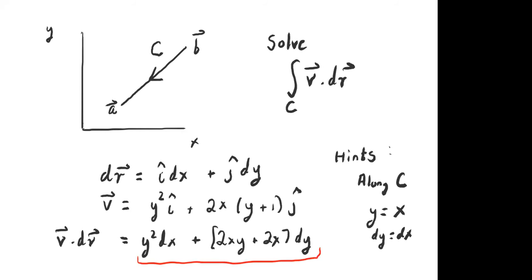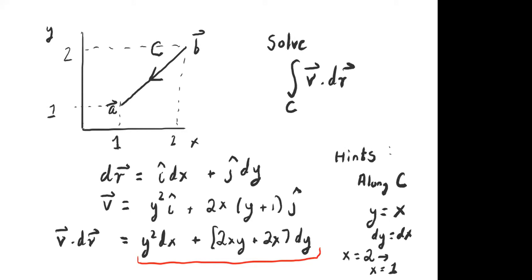Now, the final hint, I'll leave everything to you. So again, this is x equals 1. This is x equals 2. This point is y equals 1. And this point is y equals 2. Let's say you do the integral over x. Then x is going to start at the point 2 and it's going to end at the point 1.